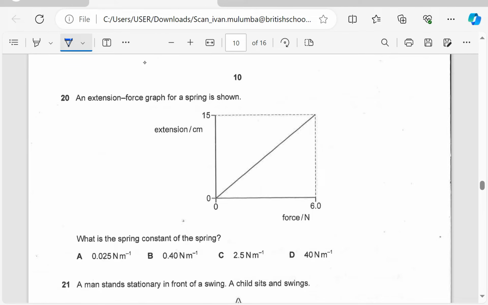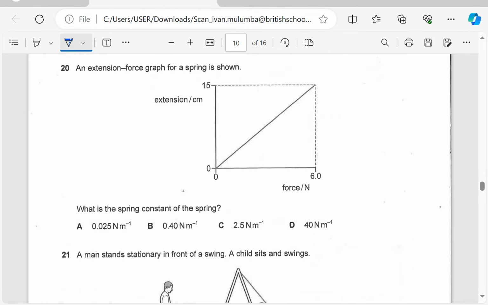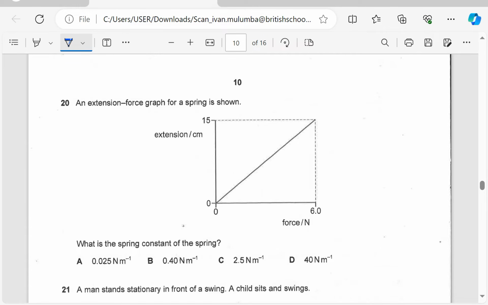An extension force graph for a spring is shown. What is the spring constant? I think this was just a giveaway.